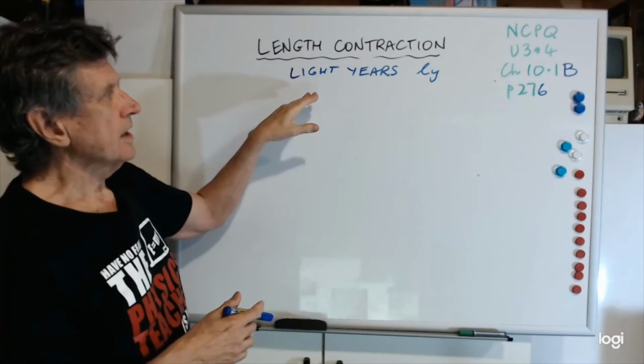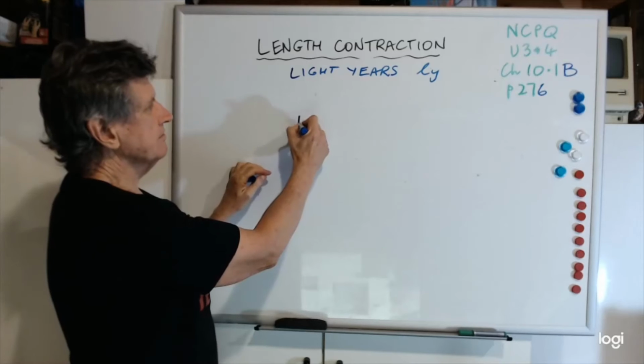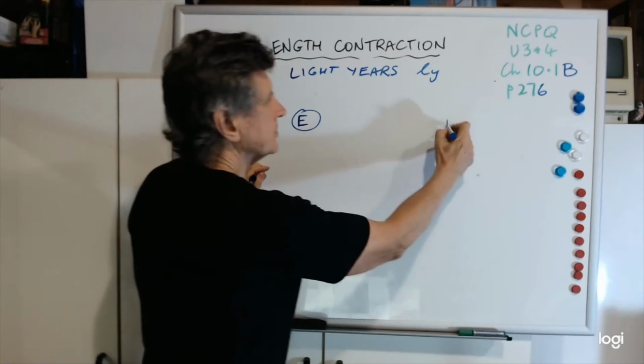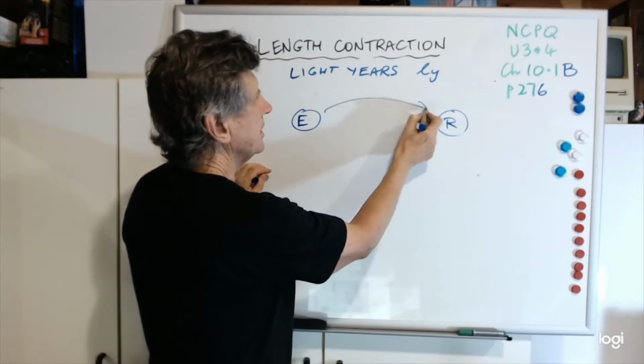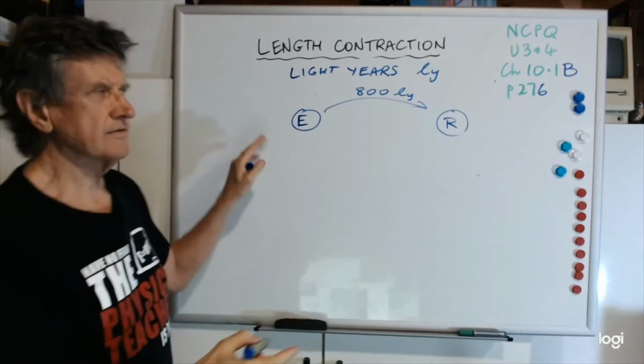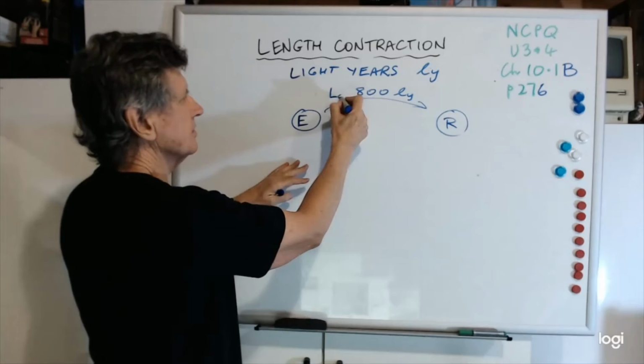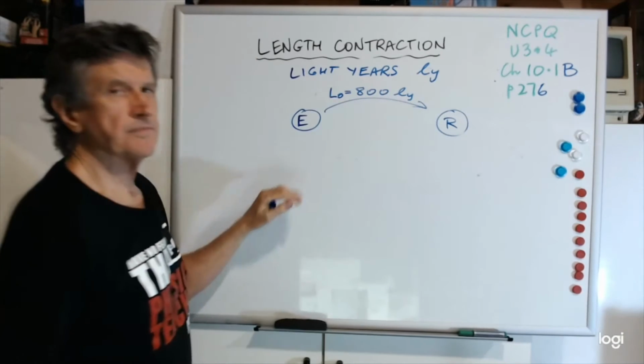Now, the idea of light years, look, let's say we had this idea of going from Earth to Rigel, and it is 800 light years distant from one to the other. That's the distance, and we said that's L0. Okay.